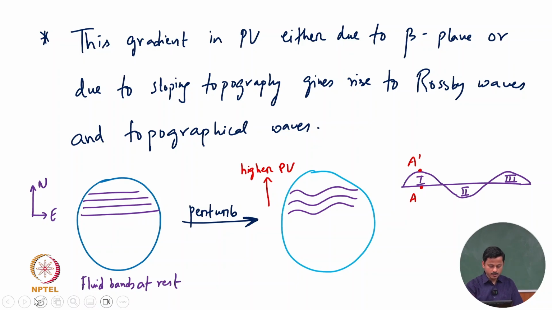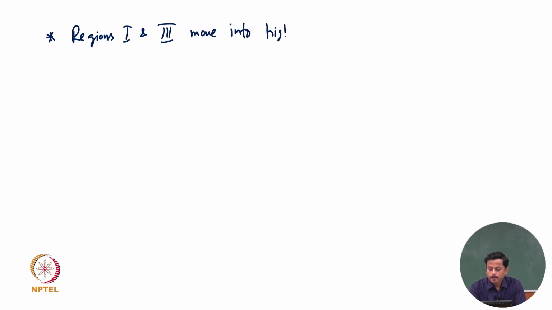Okay, so we'll write it down explicitly for understanding, because f is now more as compared to the state of rest.